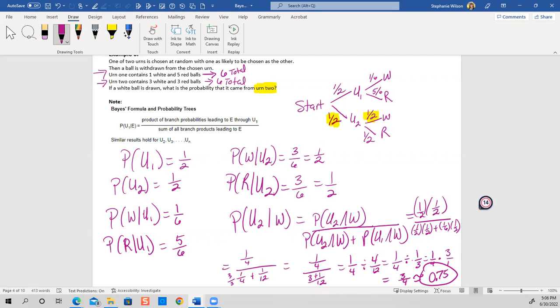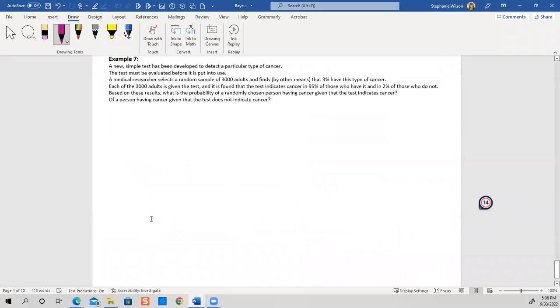Okay, let's do example 7. It says a new simple test has been developed to detect a particular type of cancer. The test must be evaluated before it is put into use. A medical researcher selects a random sample of 3,000 adults and finds that 3% have this type of cancer.